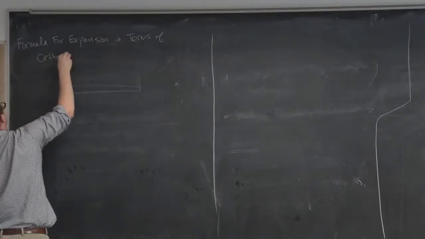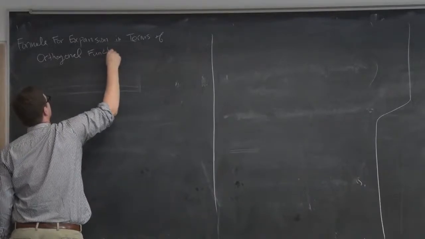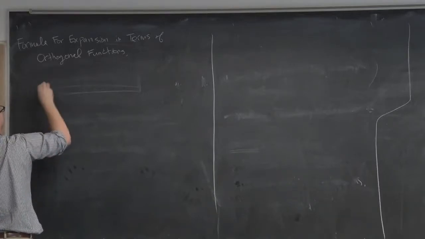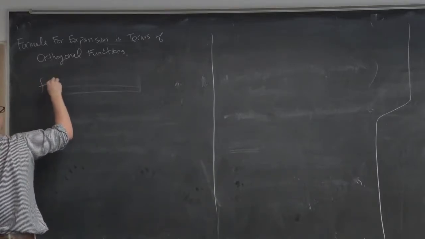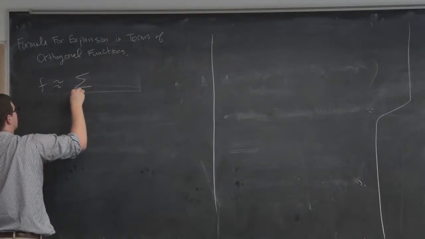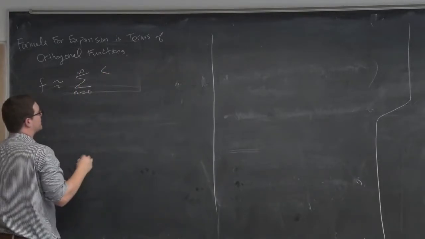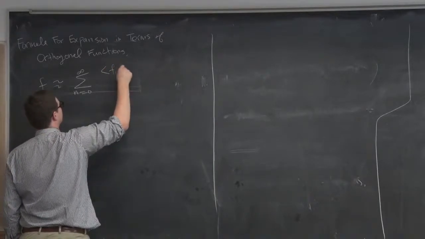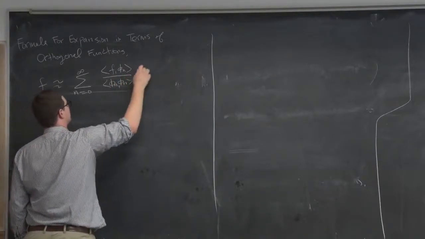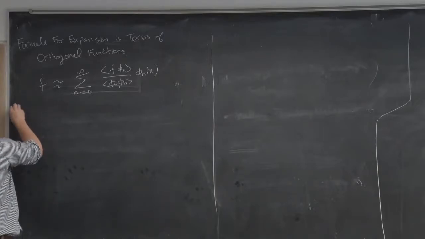They have to be, well, we'll see. And it said that f, with some sort of approximation symbol, was the sum from n equals 0 up to infinity of, supposing I'm indexing at 0, so you could have some other indexing if you want, over phi n of x. This is what we had.